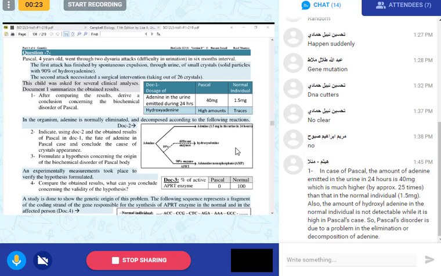Look at this figure and look at his results. What can you deduce here?